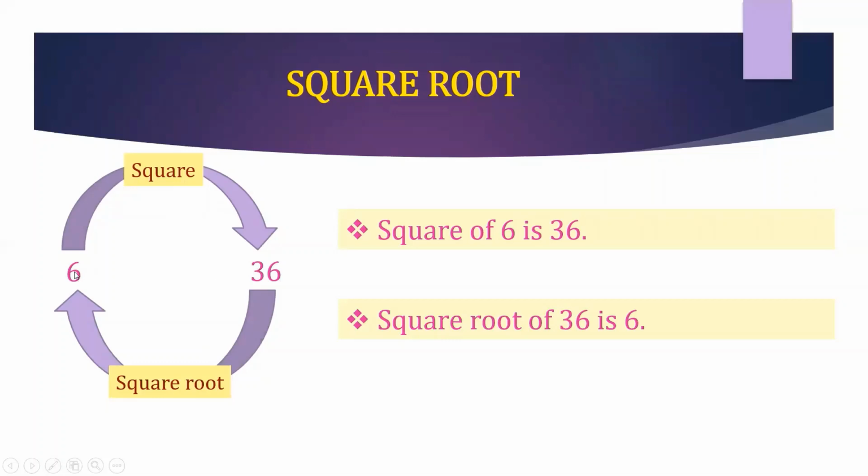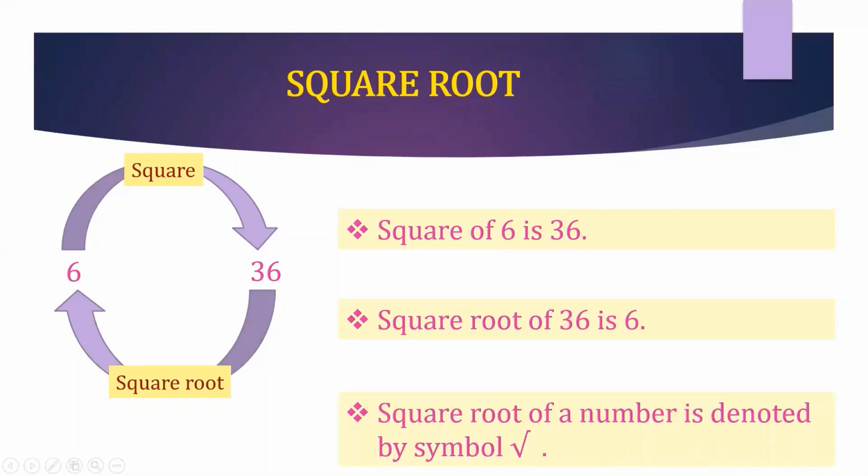We multiply 6 with 6, then we call it 6 squared, and the product is 36. So we say that the square of 6 is 36. Same way, the square root of 36 is the number 6. So, the square root of a number is denoted by this symbol. This symbol is the symbol of square root.